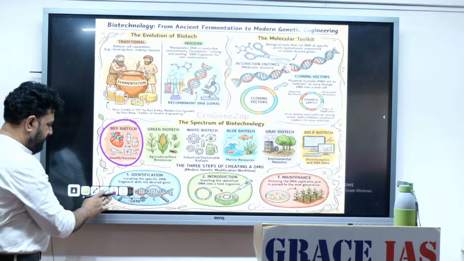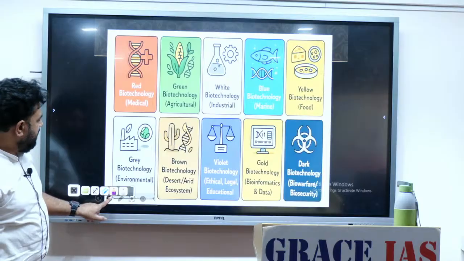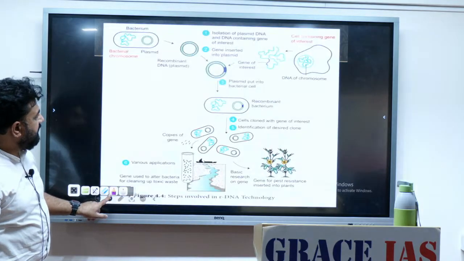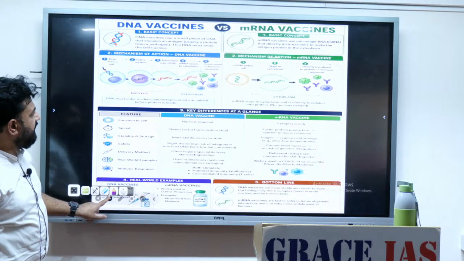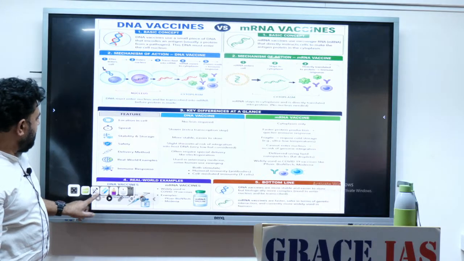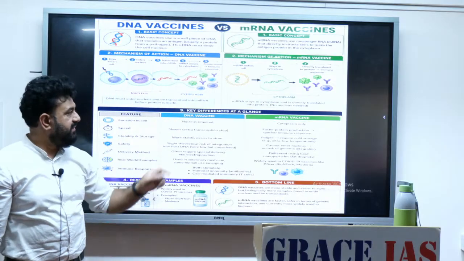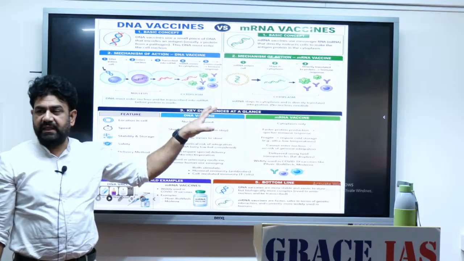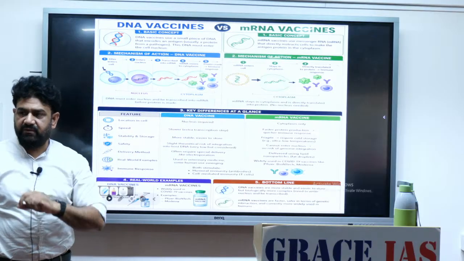One more previous question I wanted to show you here. For example, on vaccines, we had a question earlier: the difference between DNA vaccines and RNA vaccines. Previous question. Very important area. You can make note of all those things and prepare an answer should there be a question.